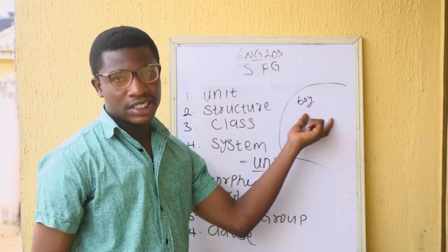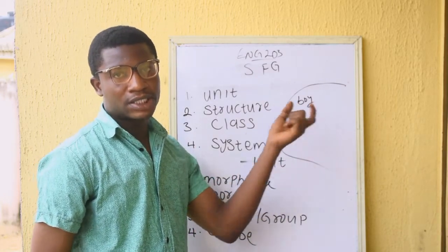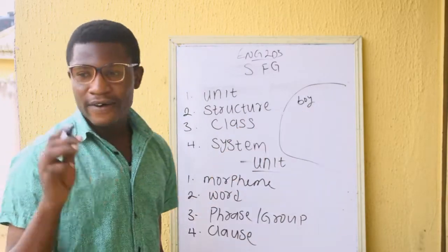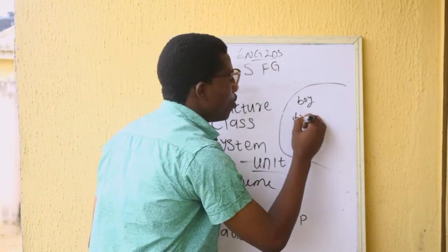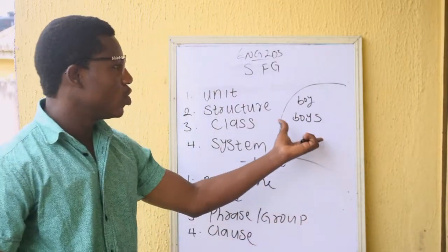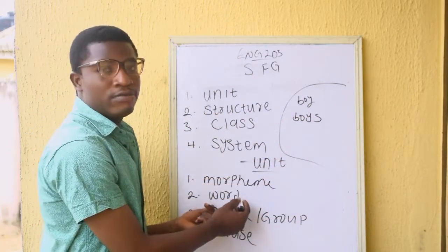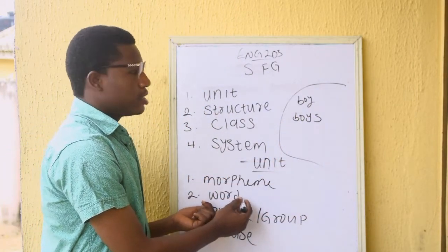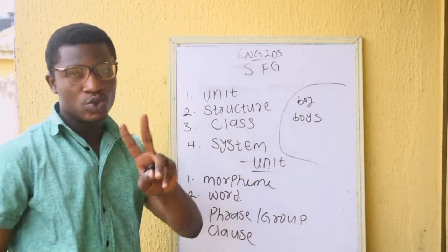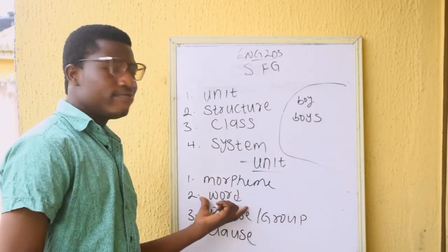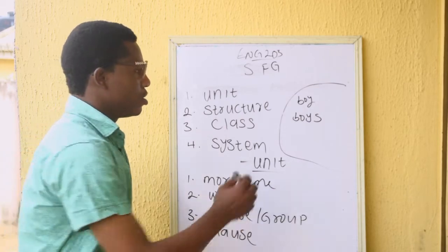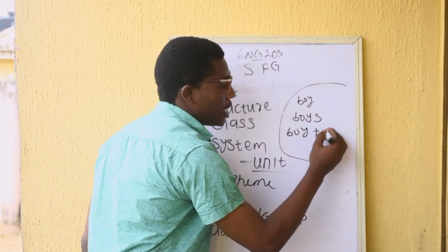You cannot divide a morpheme, right? So if I have something like boys, this is no longer a morpheme, it has become a word. We have 2 different morphemes summing up to be a word: boy plus s.